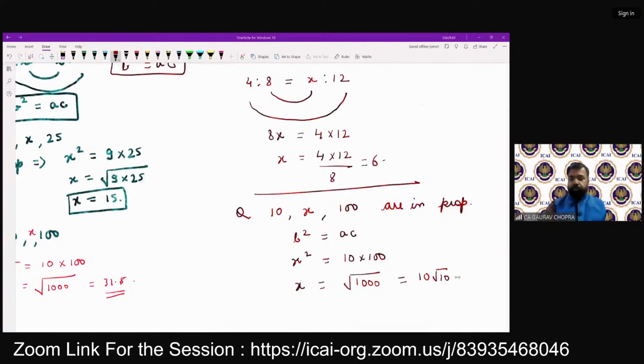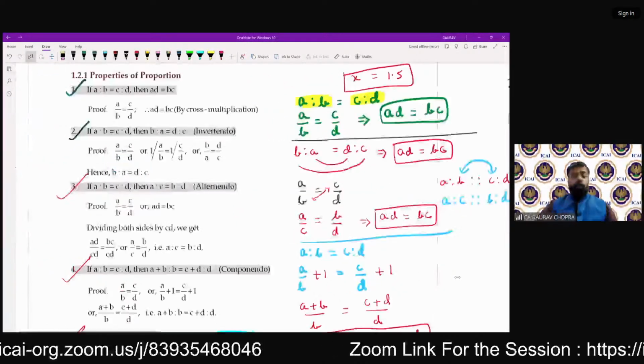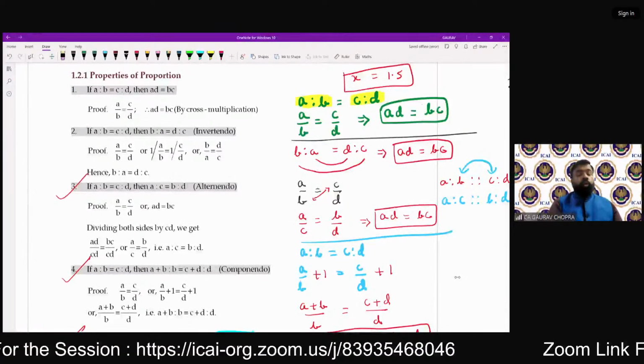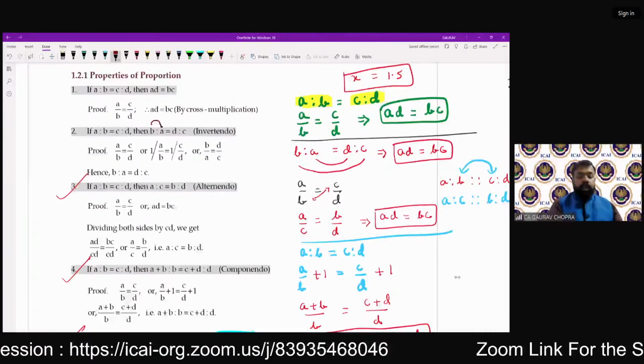Now, one of the most important things again is the properties of proportion. Proportion has many properties. The first property which we can say here is invertendo. Invertendo means we have to inverse the ratios. Let's say a and b is the given ratio. Then the inverse will become b ratio a, and c ratio d will become d ratio c.